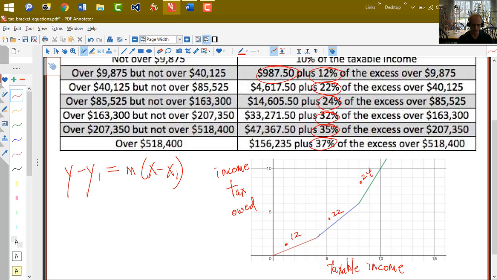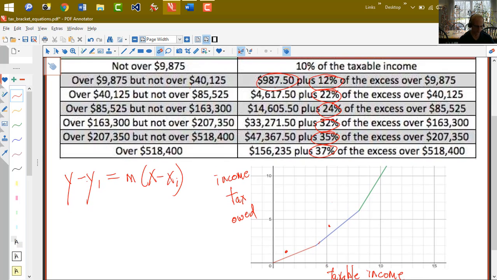If we know m, x1, and y1 for each of these lines, then we can write the equation of the line. It turns out we will know two points for each line based on the information that they supply us. So for the first tax bracket, which is 10%, right there, we know that at 0 taxable income, you pay 0 in taxes.